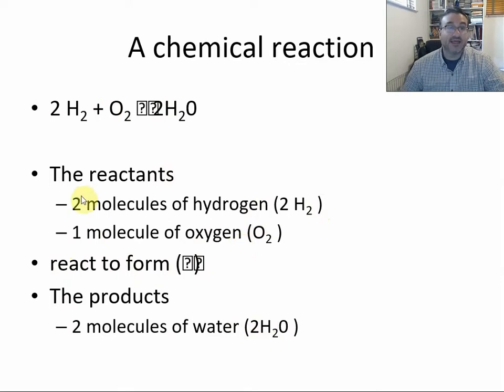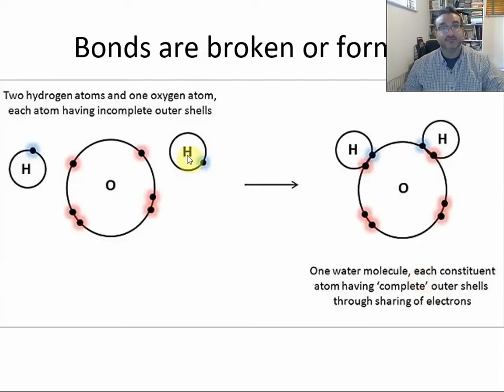We can start saying 2 molecules of this to 1 molecule of that to 2 molecules of this. But that, just like a recipe for food, scales up as long as the proportions of 2 to 1 to 2 are held. What's going on in the atoms from those numbers means that there's 2 hydrogens, 1 oxygen, and it reacts to form an H2O.